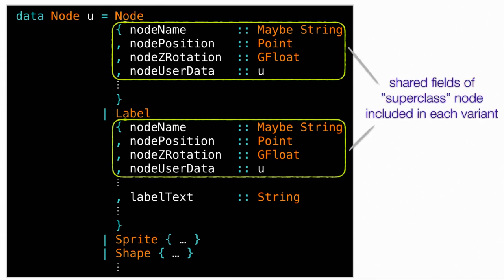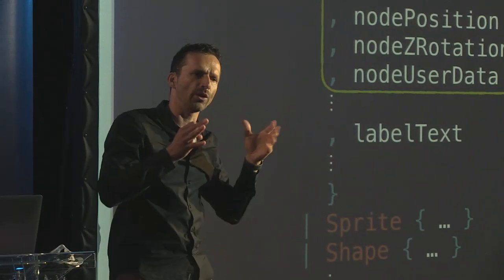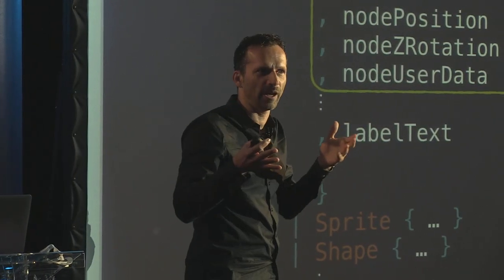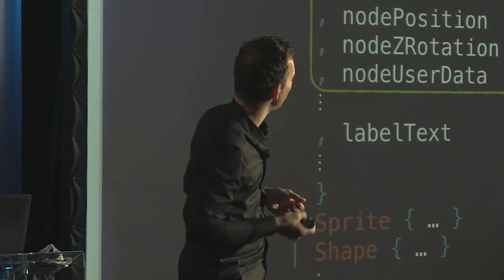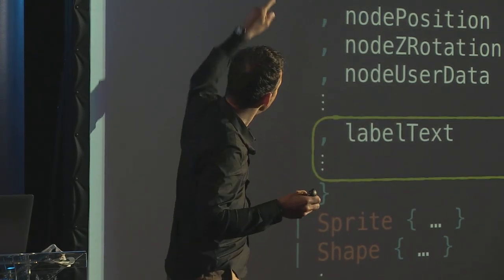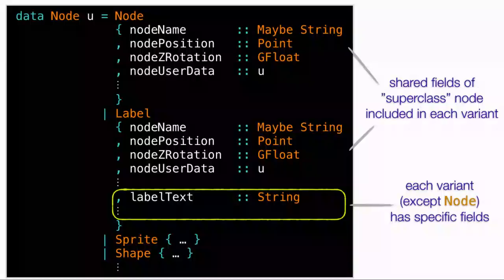And remember, Haskell records, for all their faults, have this ability that you can reuse field names through multiple variants and then use them in a more uniform way, which is a way to simulate this abstract base class. But then everything except for the node variant has its own node-variant-specific fields which are specific to that particular graphical object.